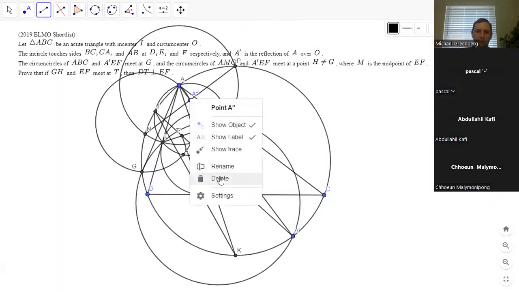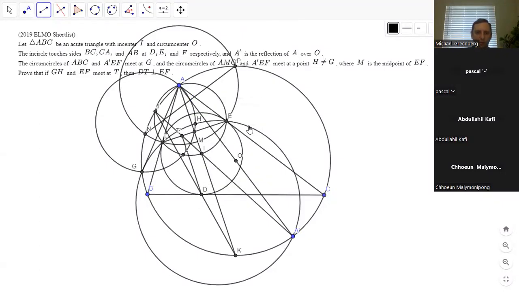Let me hide this point for now. Can I show that the line BC inverts to the line PN? Is it obvious? I guess one way I could do it is I could look at quadrilateral BFEC, but that's not cyclic, so that won't do much.